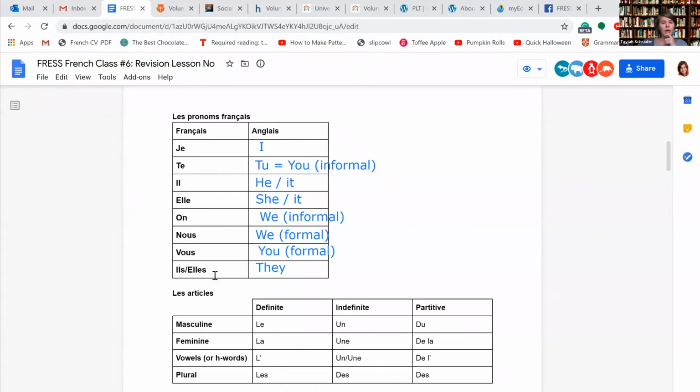Okay, so underneath pronouns, we've got articles. Now in English, we have three articles. We have a, an, and the. So the is a definite article.